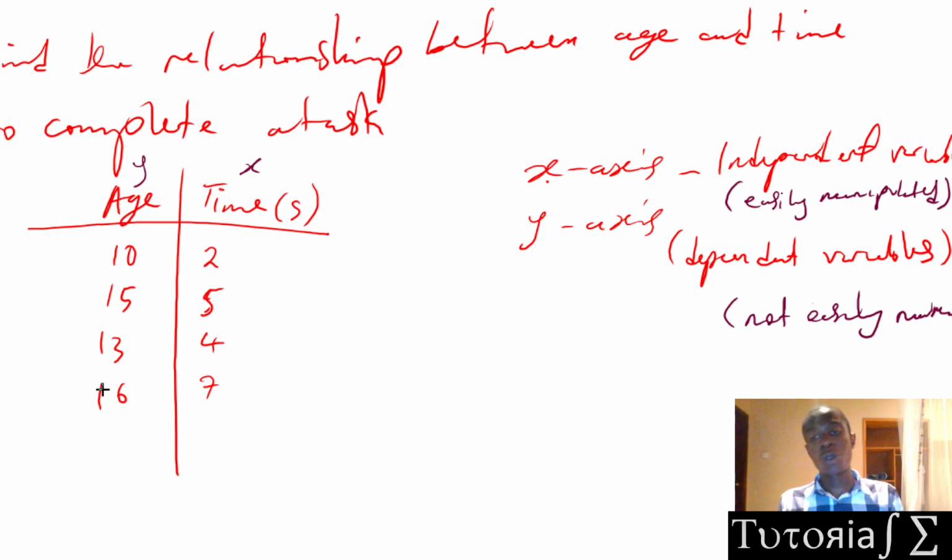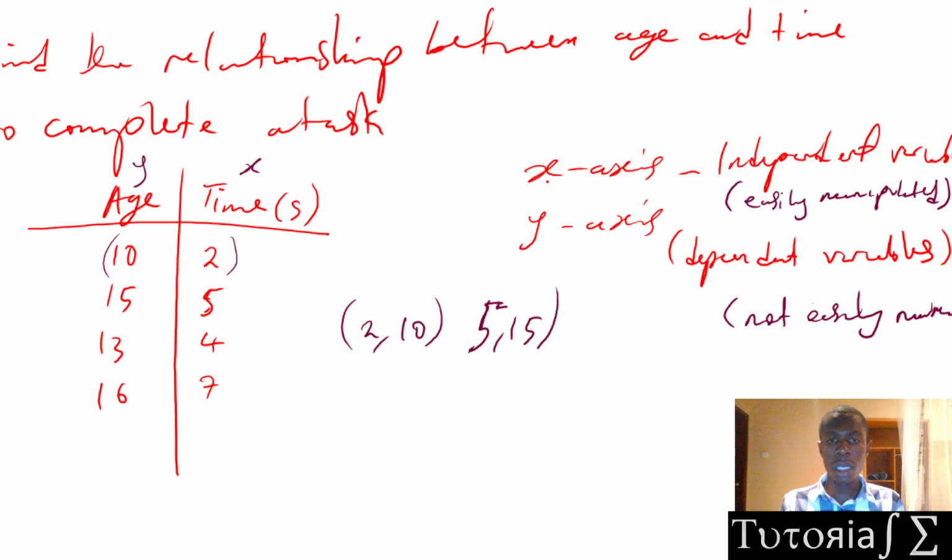So now, as a group, you will plot the points in pairs the way they are. That is x, 2, comma 10, then 5, comma 15, 4, comma 13, and 7, comma 16.